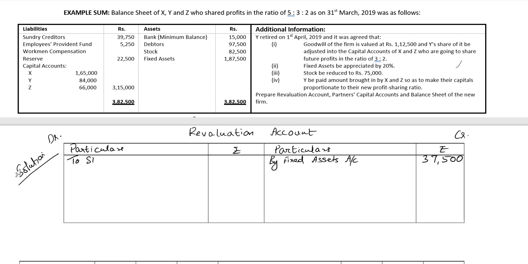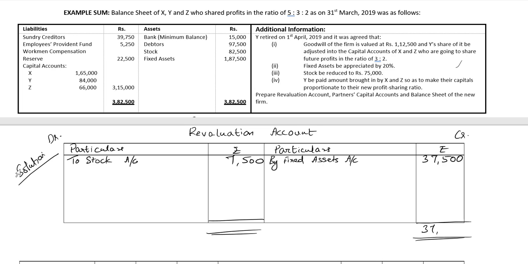So to stock account, 82,500 book value needs to be reduced to ₹75,000. So the amount of reduction is ₹7,500. The fourth point is about the adjustment of capitals. All entries are done. We will balance the revaluation account.